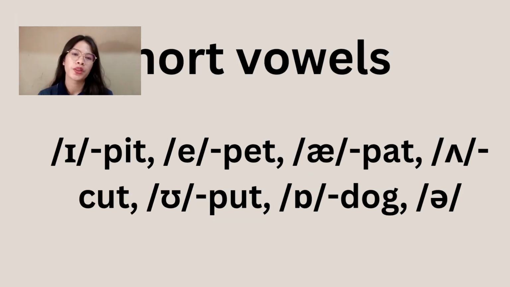So now let's start with our short vowel sounds. We have short I for pit, short E for pet, short A for pat, and we also have the sound for cut. We also have U for put, and we also have the sound for dog, and we have the schwa sound.